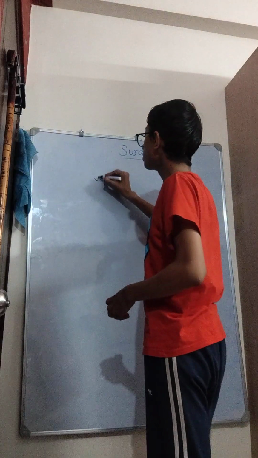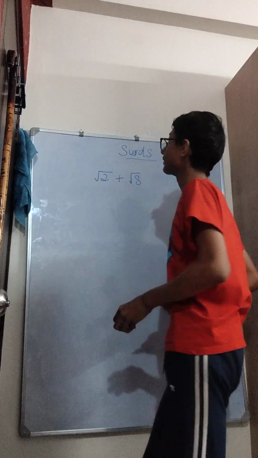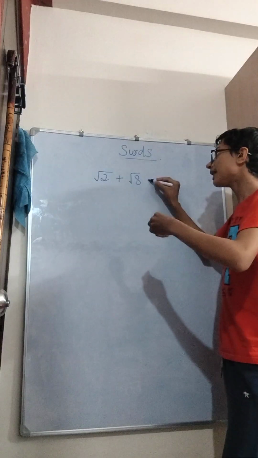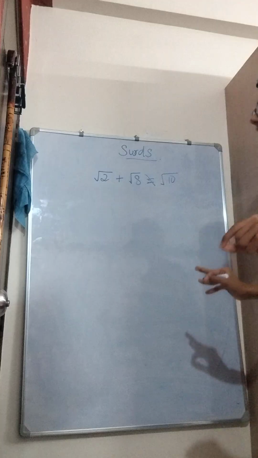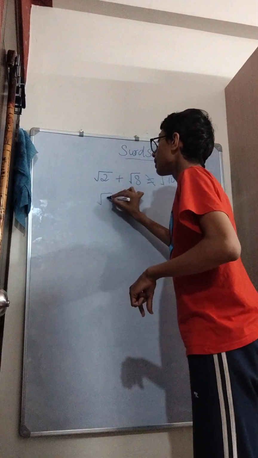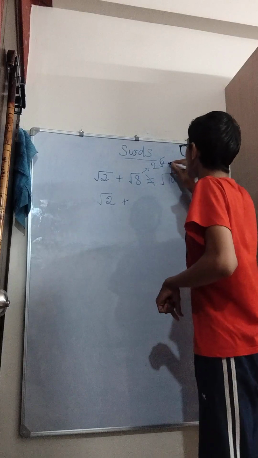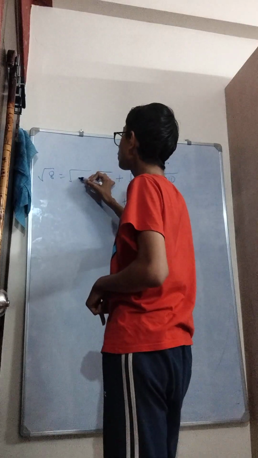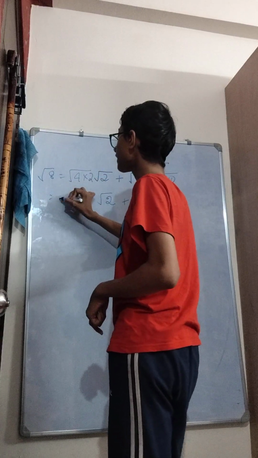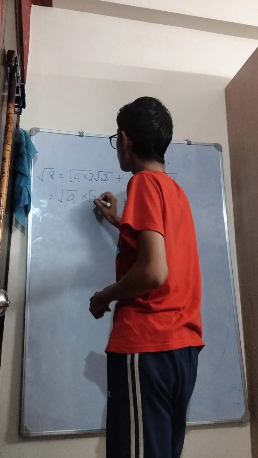For example, root 2 plus root 8, how to add this? We can't add them directly and we can't make it root 10. What we can do is simplify root 8. Root 8 is equal to root of 4 into 2, and then we can split the root into root 4 into root 2, and we know that root 4 is 2.